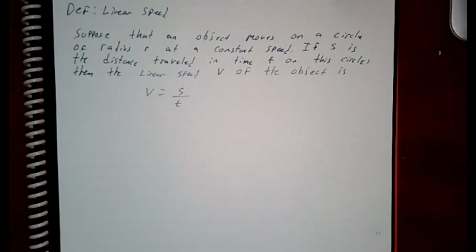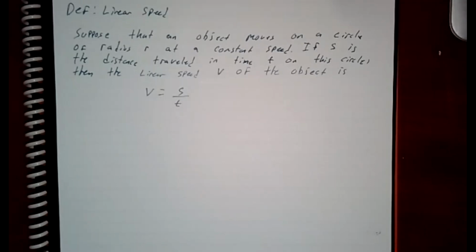So if we're going around and around in a circle, the linear speed would be s over t. s is still the same s from the arc length, okay? Which makes sense if you think about it, right? If you think of speed in a straight line, you have distance, let's say 10 miles, and if you travel over some time period, that'd be 10 miles per 1 hour, 10 miles an hour.